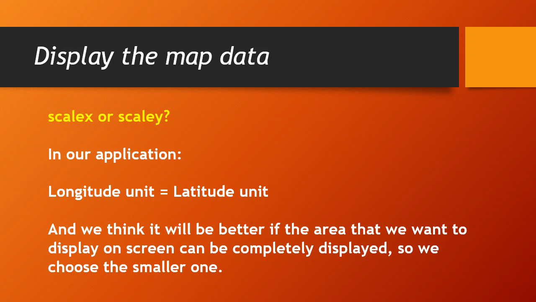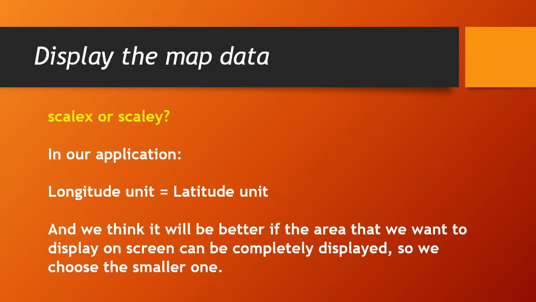Because in our application we have the same longitude unit, and the longitude unit equals the latitude unit. That means if you have a map which, for example, has one longitude unit in the x direction and one latitude unit in the y direction, if we draw this part of the map on our screen, it should display a square, not a rectangle.